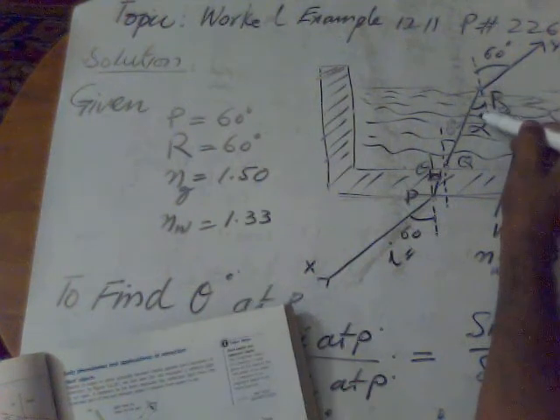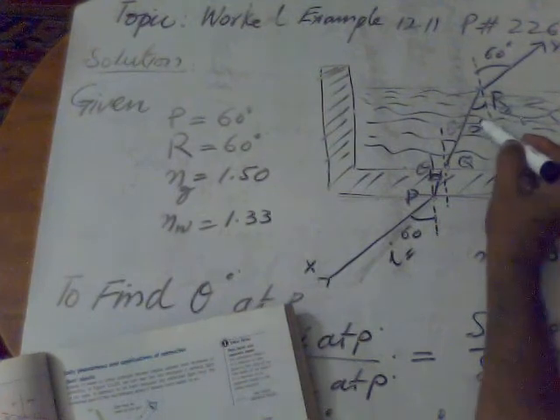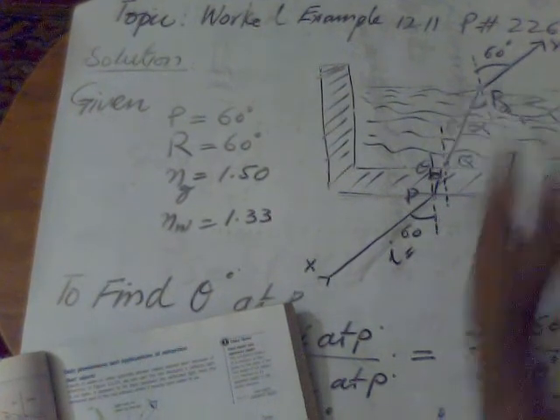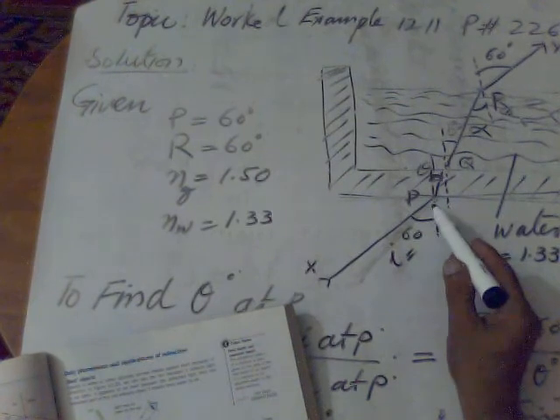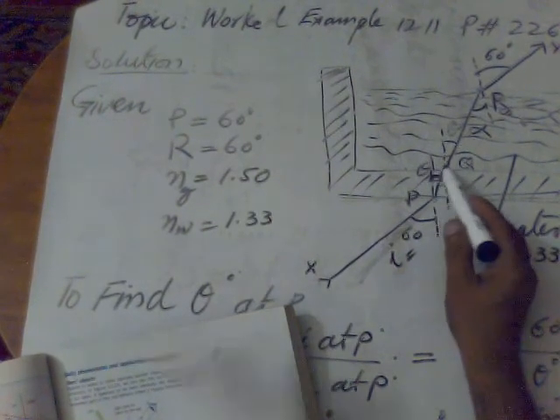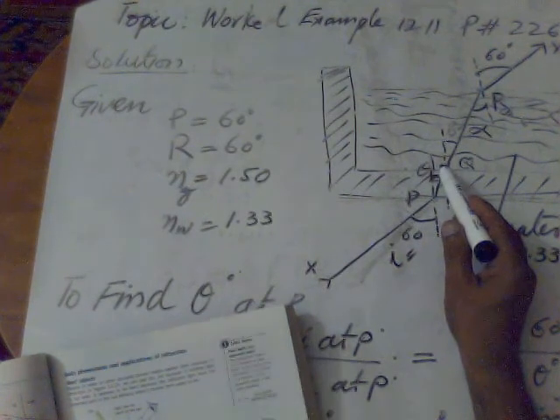At point R we have to find angle alpha, and the angle of refraction is given. At point P, the angle of incidence is given and we have to find angle theta, the angle of refraction.